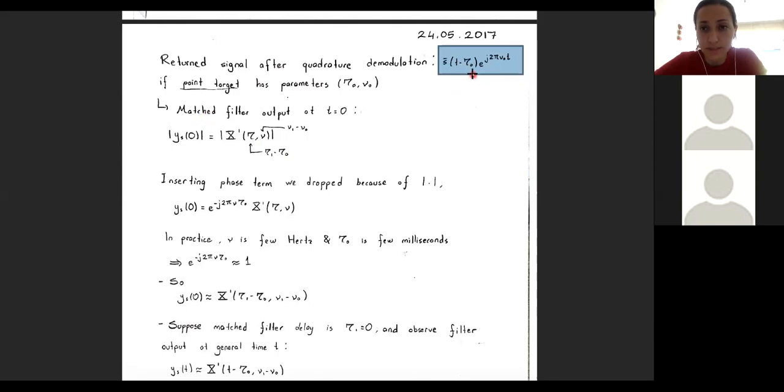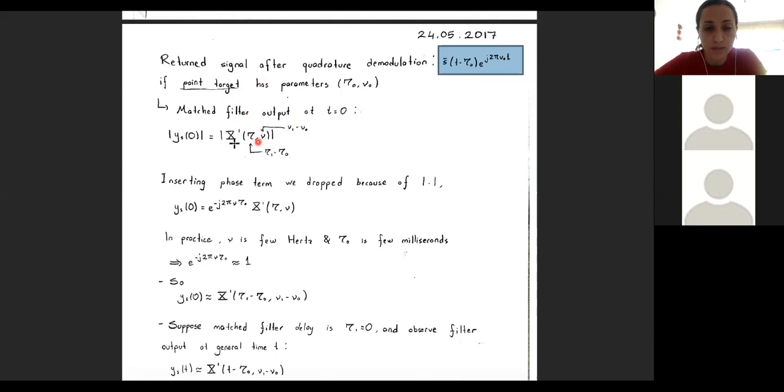For this case, we discussed the match filter output at the origin, t equals 0, and we said that it's going to be this x prime function, the ambiguity function, evaluated at tau and v, where tau was tau1 minus tau0 and v was v1 minus v0. This was in magnitude.